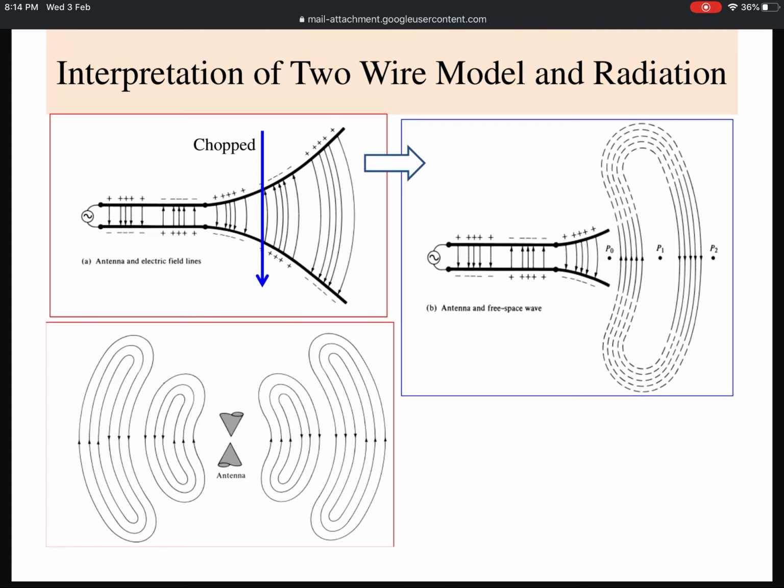Now my question is how this launching of the wave can take place. For that, let's say first you take the first box, the red color thing.